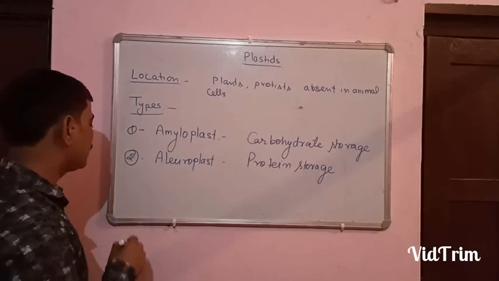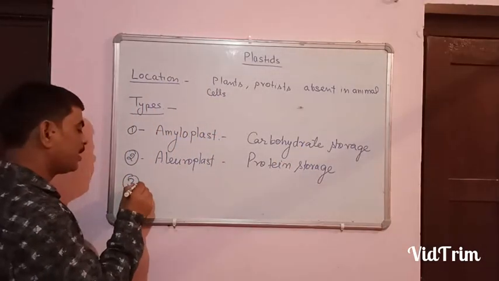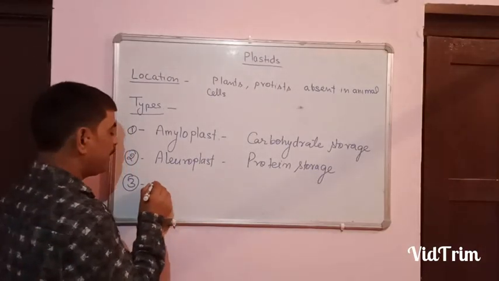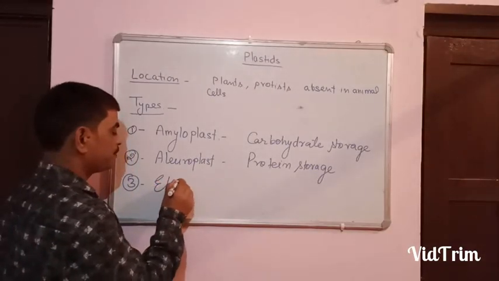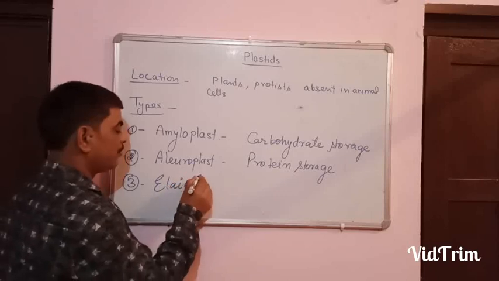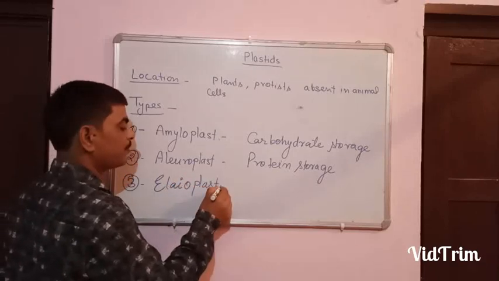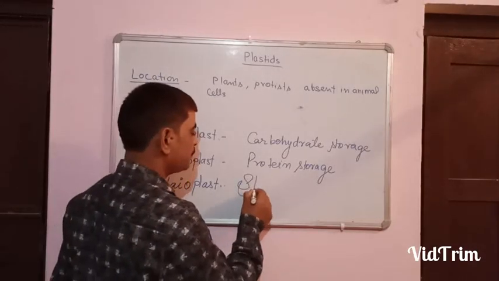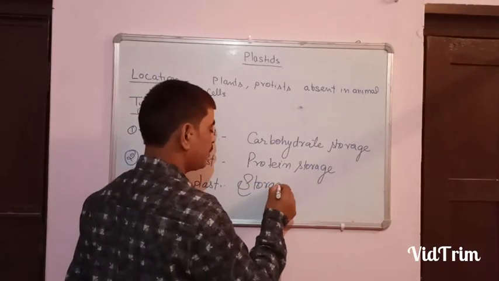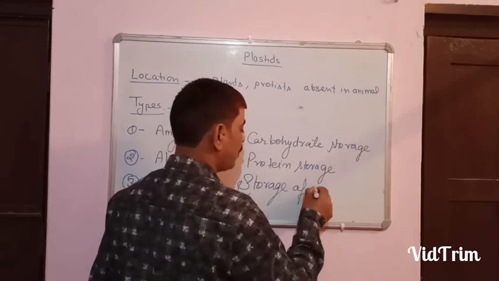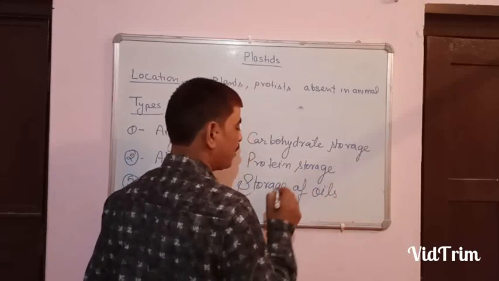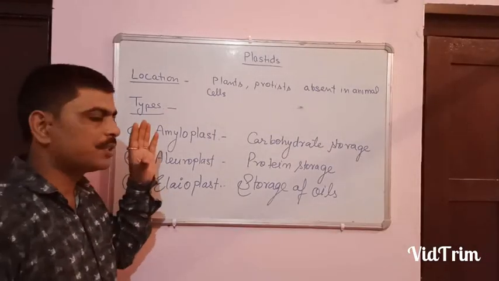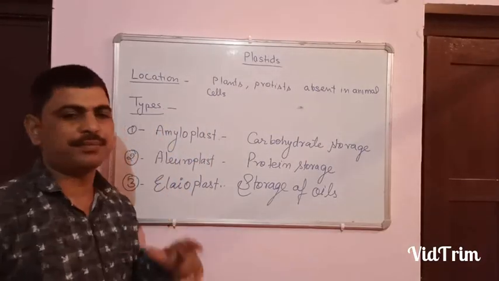And the third type of leucoplast is elioplast, and they store oils.